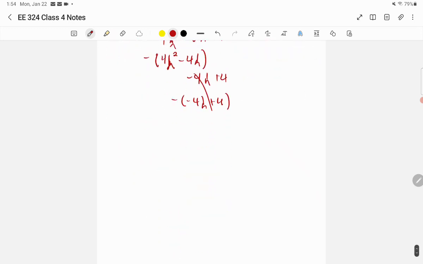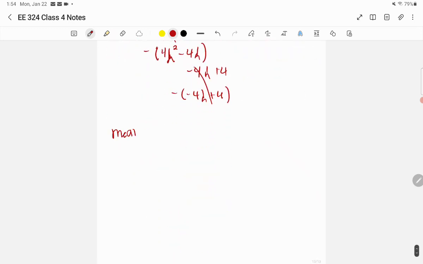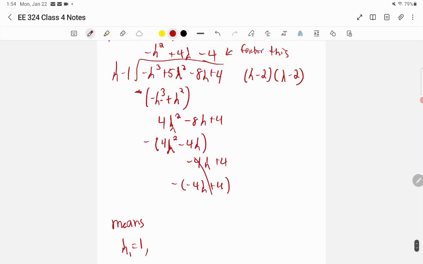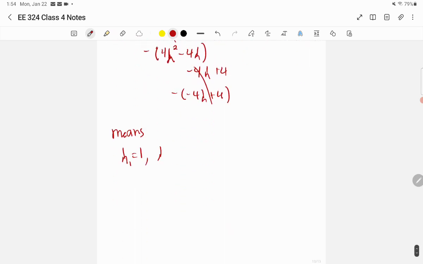So that means lambda 1 is equal to 1, and lambda 2 and lambda 3 are equal to 2. Okay? And so in this case, what that means is that I have non-unique eigenvalues.